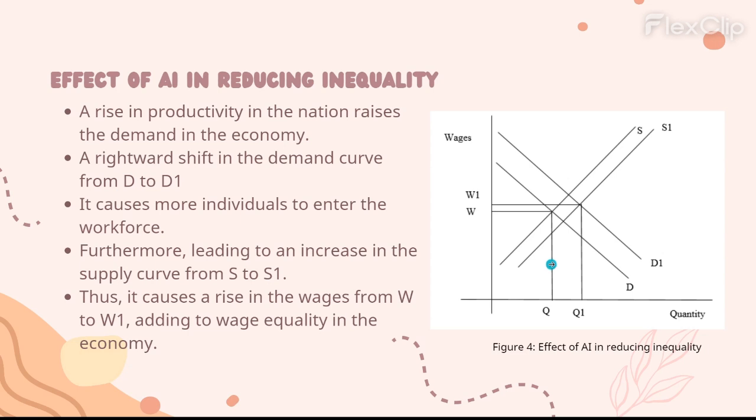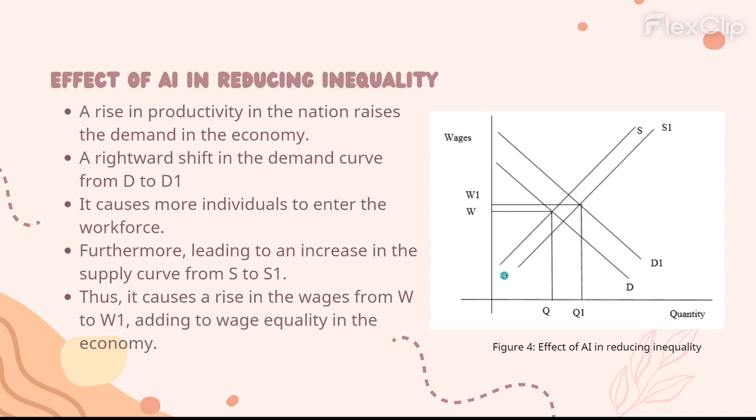The next slide represents that generative AI can help to reduce inequality in the nation. Generative AI leads to a rise in productivity in the nation, which raises the demand in the economy. It causes a rightward shift in the demand curve from D to D1, along with an increase in the supply curve from S to S1.